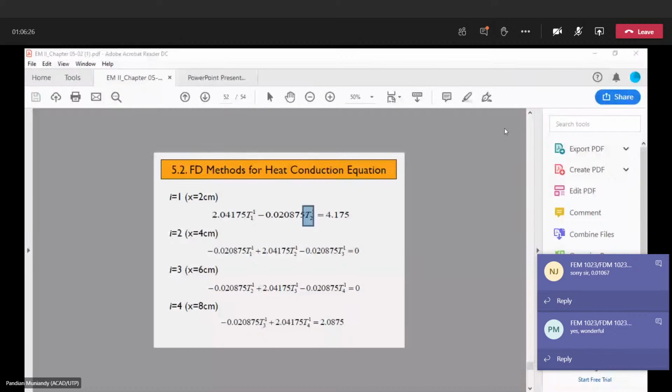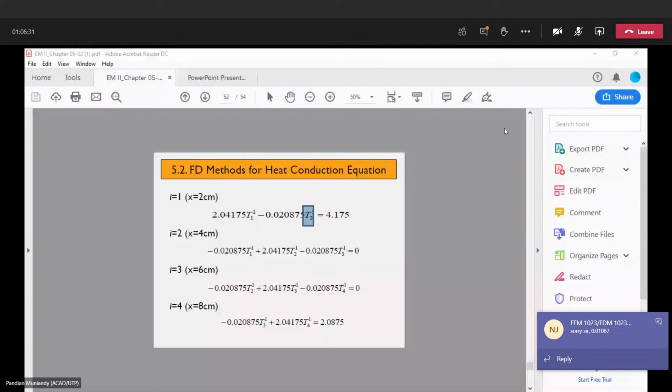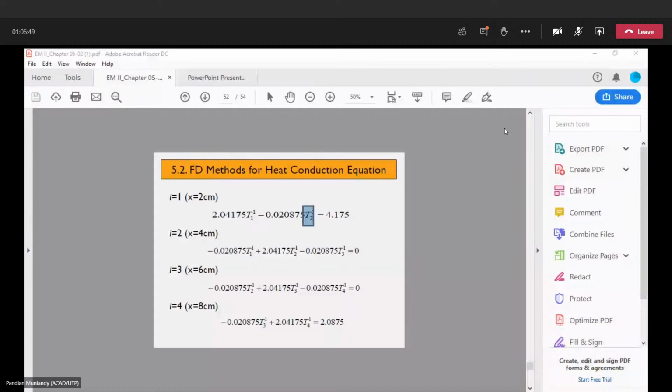Take it easy, class. Relax. No problem. You made a mistake, you correct it. That's why we want to do this kind of on the spot calculation. So if you make a mistake, you can correct it. You can practice. You still have plenty of time.